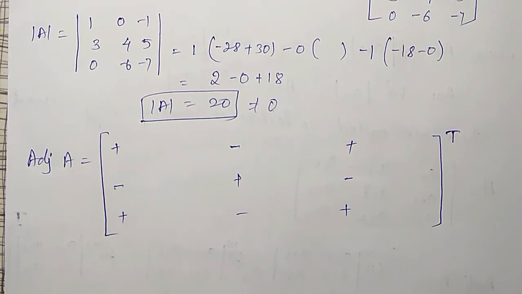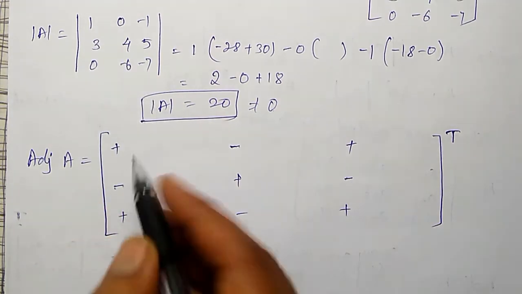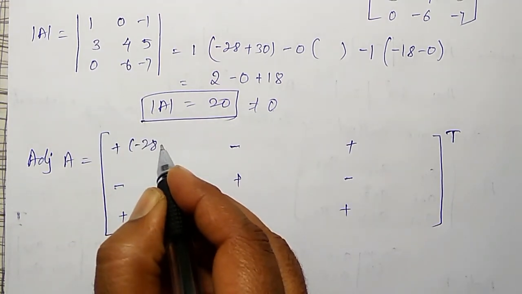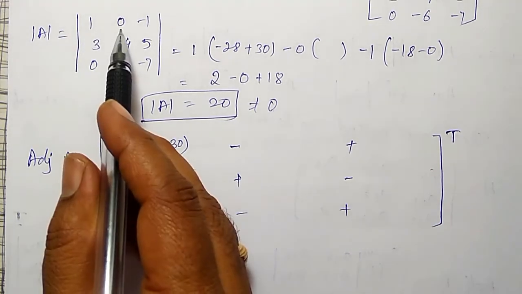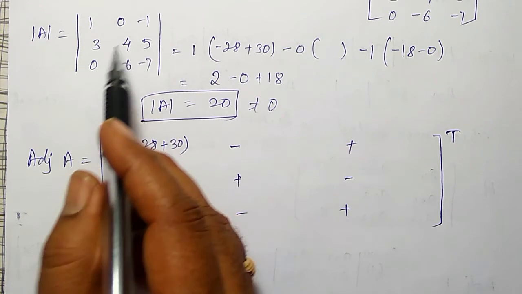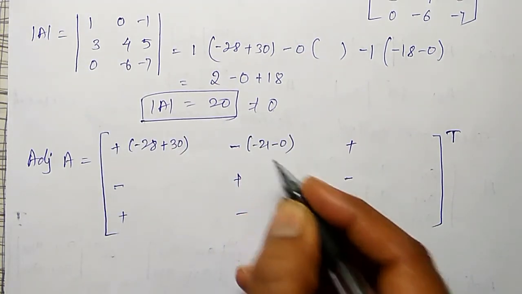Then the minor of 1, leaving that row, leaving that column, is -28 minus of minus, plus 30. Minor of 0, leaving that row and column, is -21 minus 0.